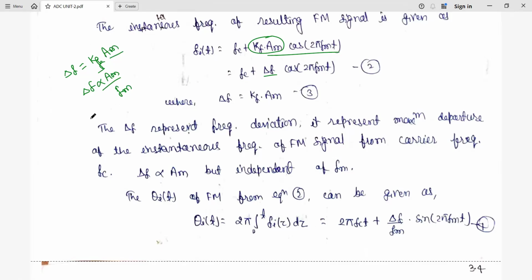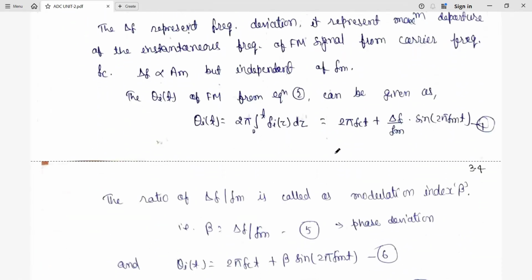Now how will we find theta i of t from here? We multiply this instantaneous frequency by 2 pi and integrate.